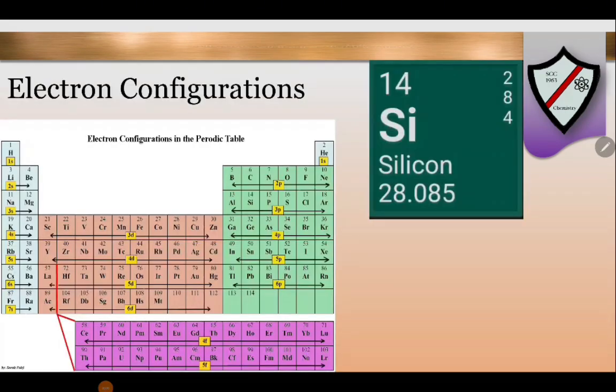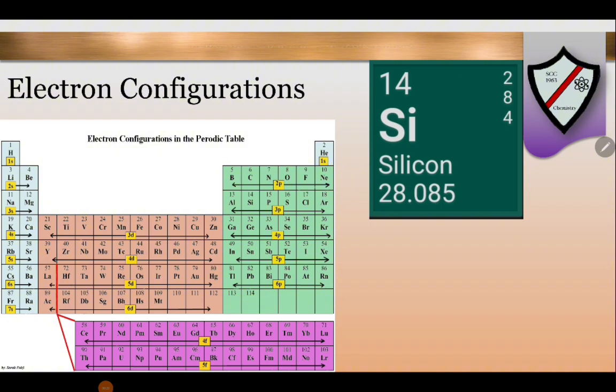Here we're going to write an electron configuration for silicon, which is atomic number 14, and therefore we'll have 14 electrons in the neutral state. We have a periodic table here that shows which orbitals are being filled for which element, and you may start to recognize some of the patterns in these electron filling orders as you start to practice and get comfortable writing these electron configurations.